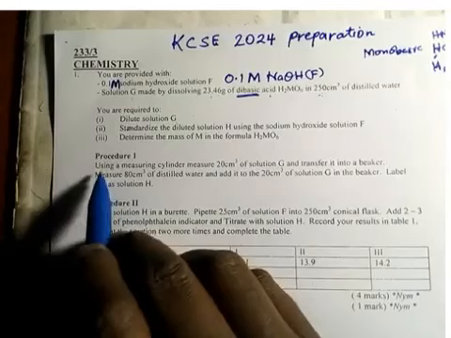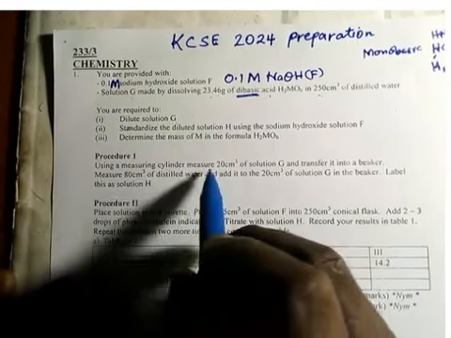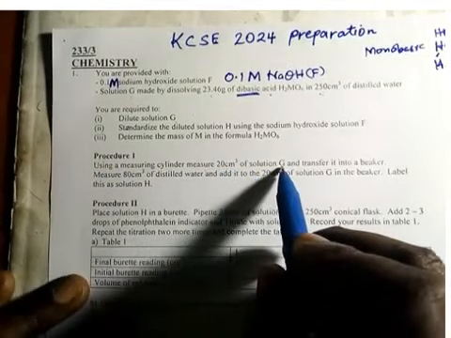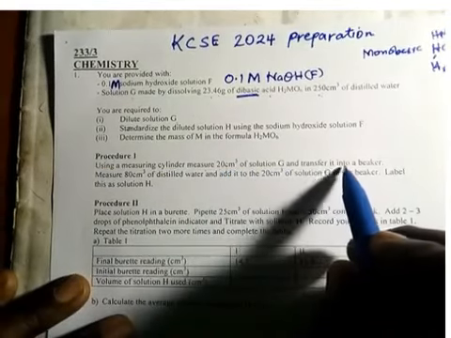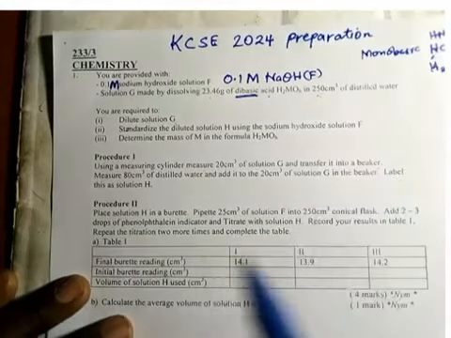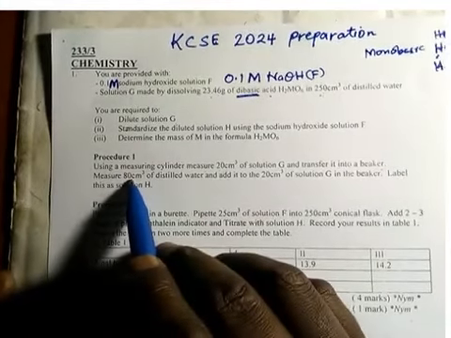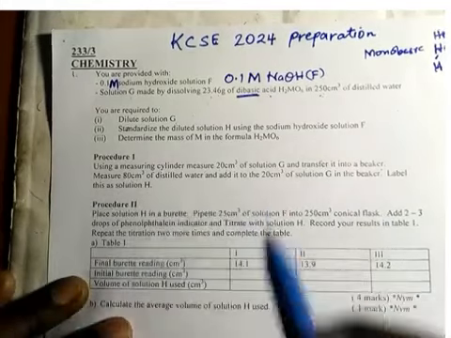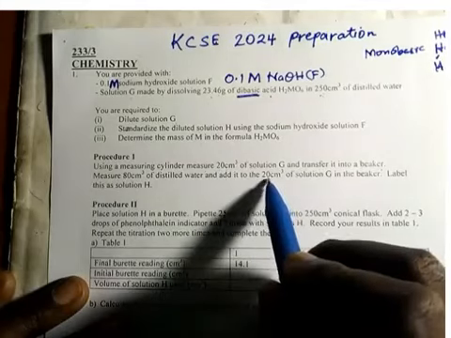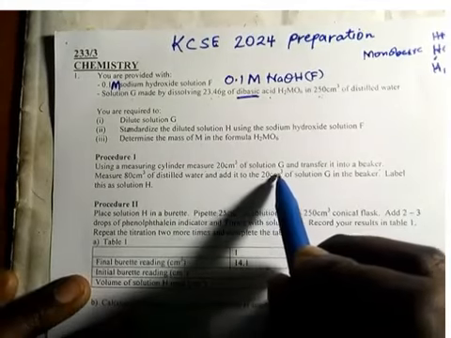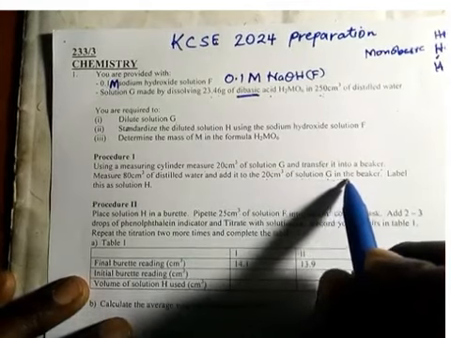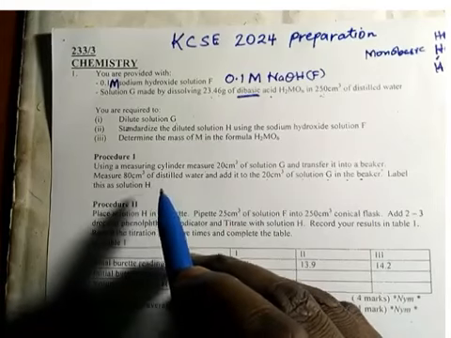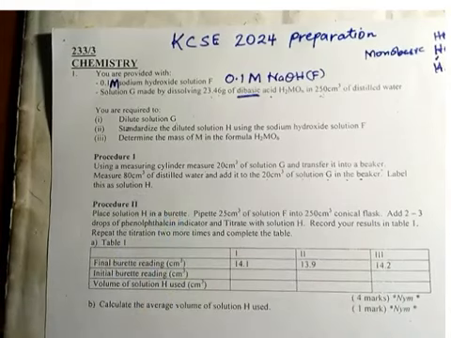Procedure 1. Using a measuring cylinder, measure 20 cm³ of solution G and transfer it into a beaker. Measure 80 cm³ of distilled water and add it to the 20 cm³ of solution G in the beaker. Label the solution H. Understanding the procedure is very important.